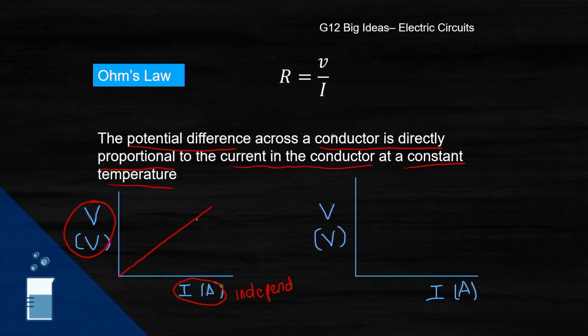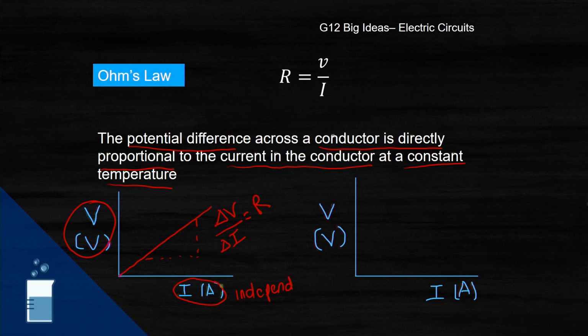So if we draw a little triangle on the graph line, we can find the slope, the gradient. We know that the gradient is change in V over change in I, okay, so change in Y over change in X, and that was a constant value which was found to be the value of resistance for that particular resistor.